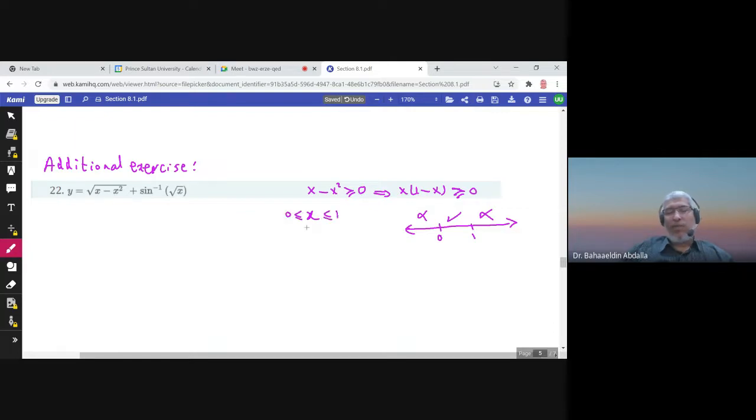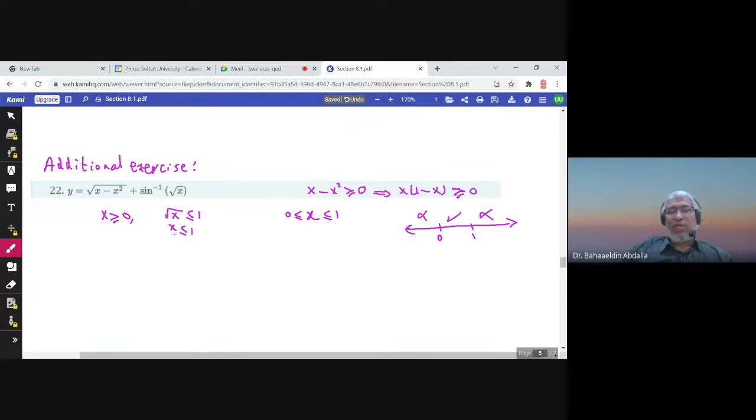That's the domain. Also, if you look here, x is inside a square root, so x has to be greater than or equal to 0. But also this square root of x is in the domain of sine inverse, and the domain of sine inverse is equal to the range of sine. The range of sine is between 1 and negative 1, so x has to be also less than 1.